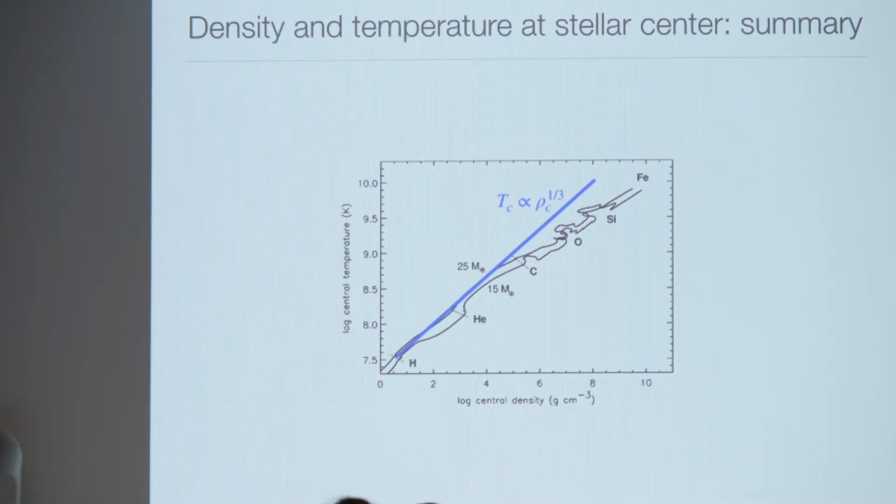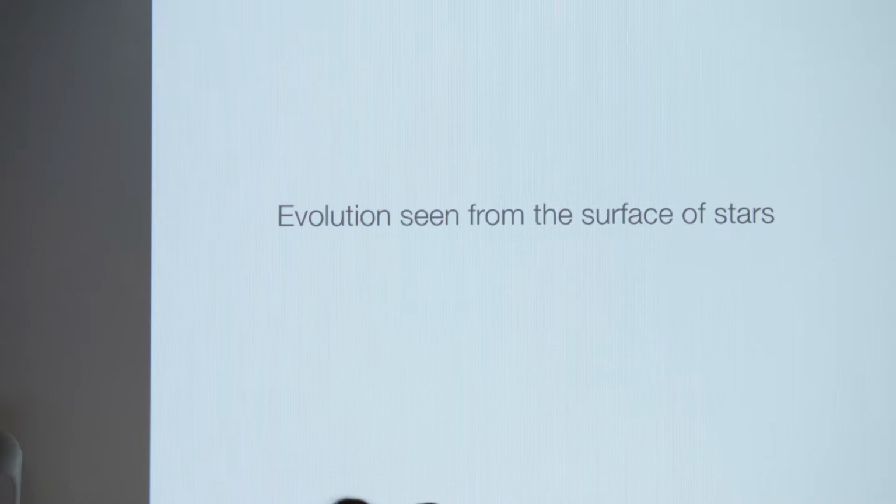So that was about how the star evolves at the center, and we move on to how the star looks at the surface. And of course, how the star will change at the surface is extremely important, because that is how we observe stars, and it's almost impossible to see what's happening at the center.